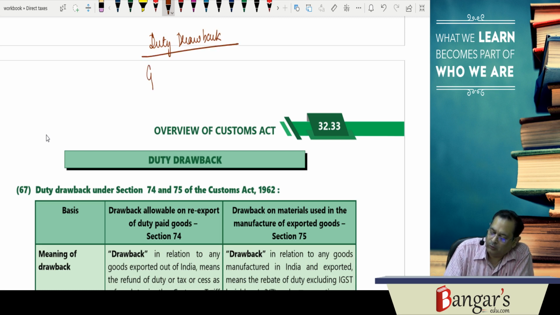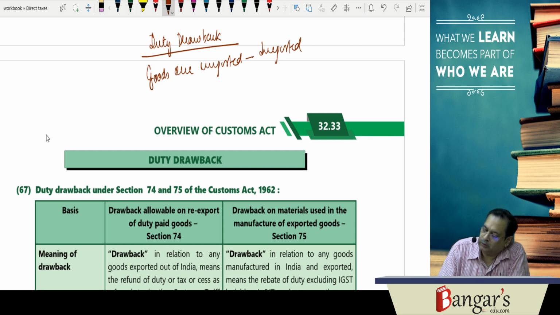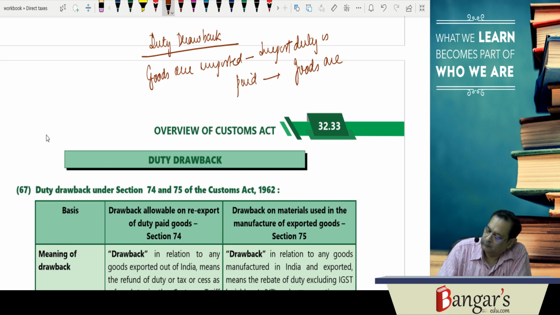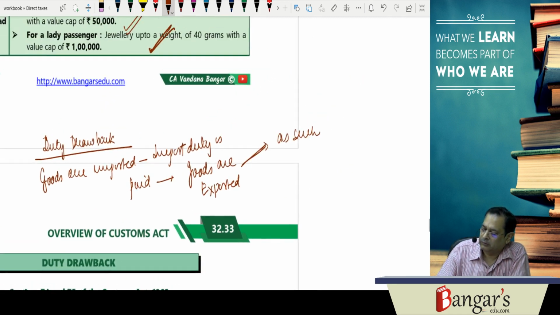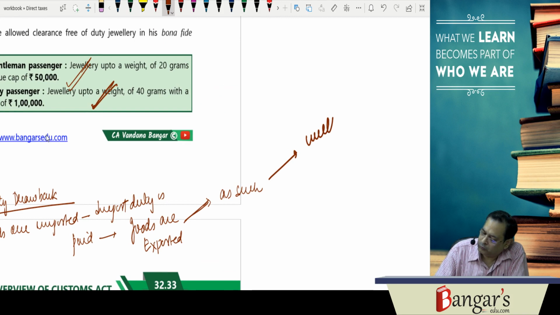Say goods are imported, import duty is paid, then goods are exported, either as such, without use, or say after use.